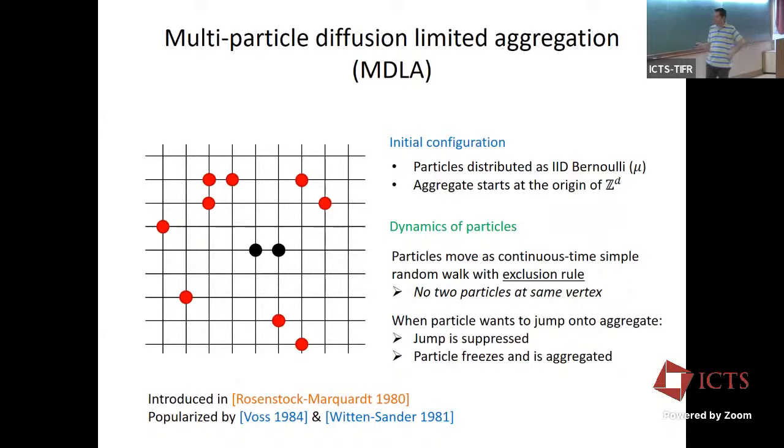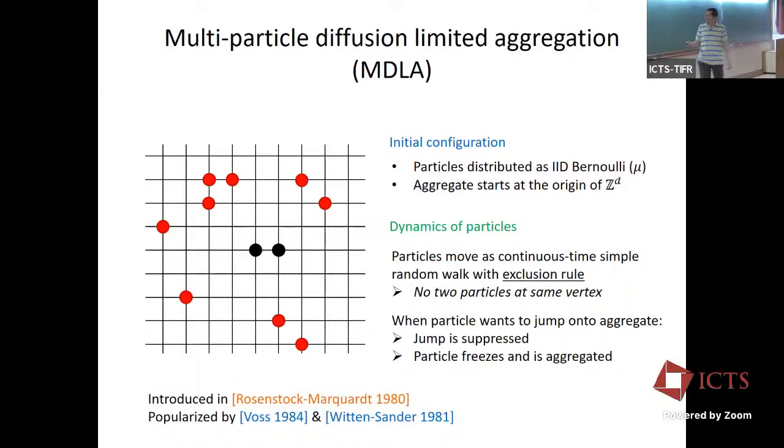The funny thing is that after 1981, DLA became very popular. It exploded in physics, and there are several articles about it. The paper is highly cited, but people forgot about MDLA until 1984, when Voss reinvented MDLA, claiming that it was a more realistic version of DLA, even though DLA was a simplification of MDLA to start with.